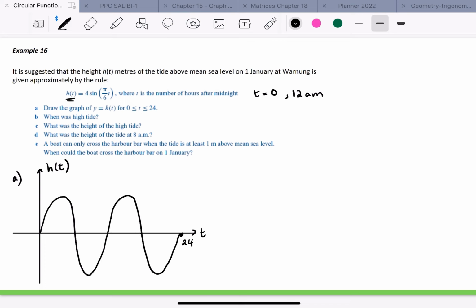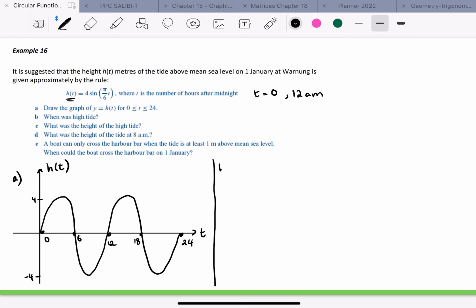And just put in all of those key points. Oops, that was 12. Okay, so that's your part A completed.